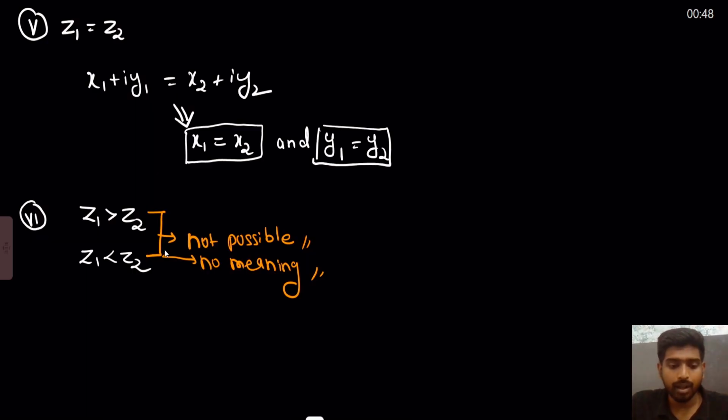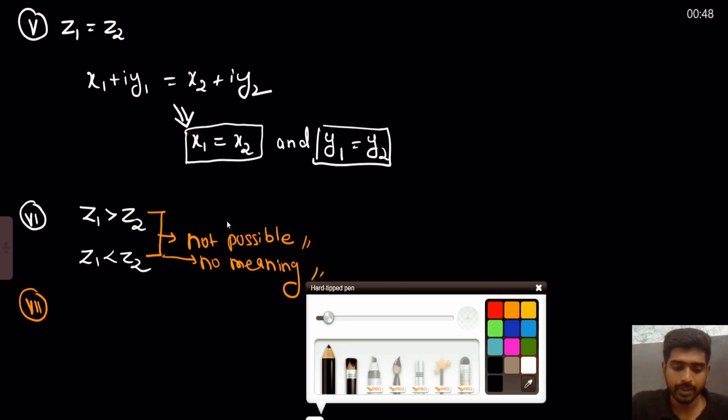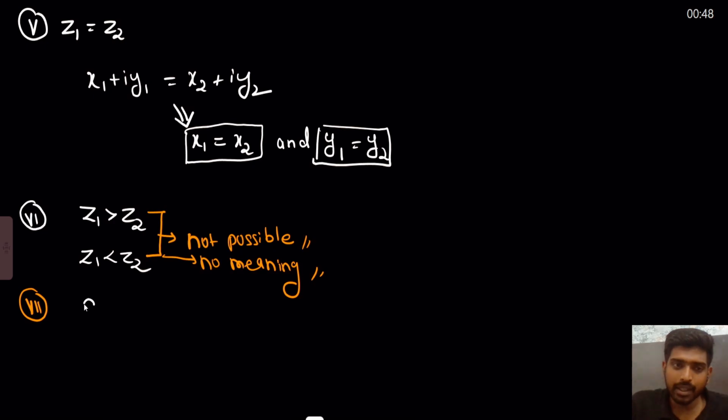Okay. Now next, the seventh important point regarding complex numbers. Suppose A and B both are real, and they are given A square plus B square is equal to 0.